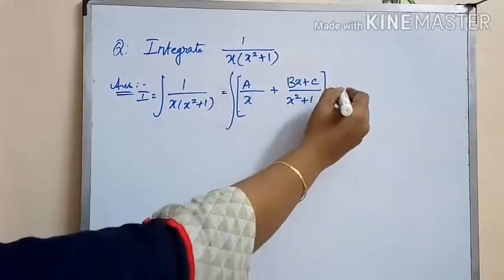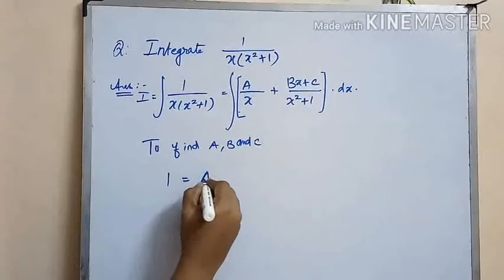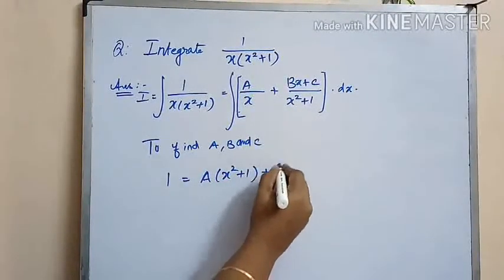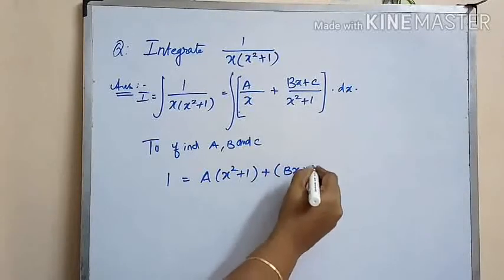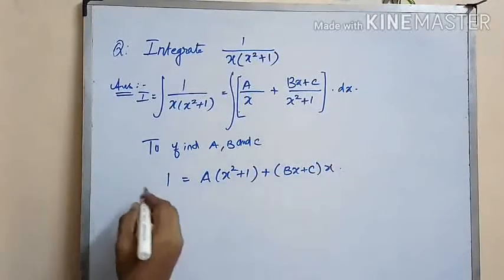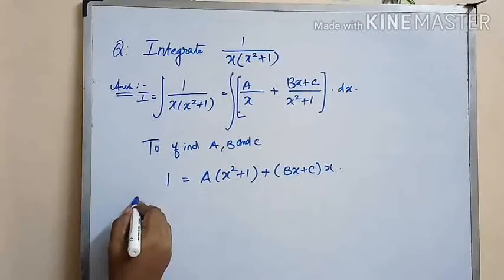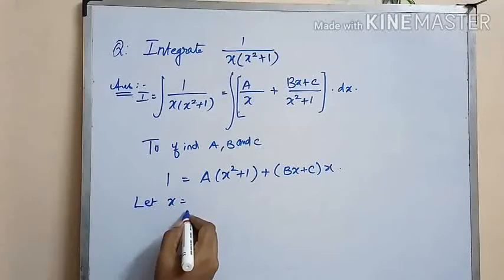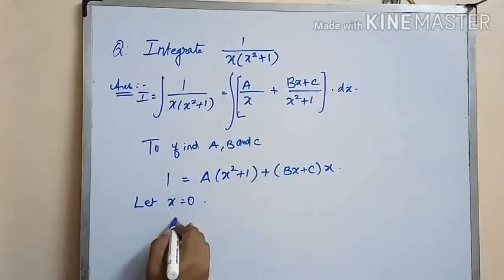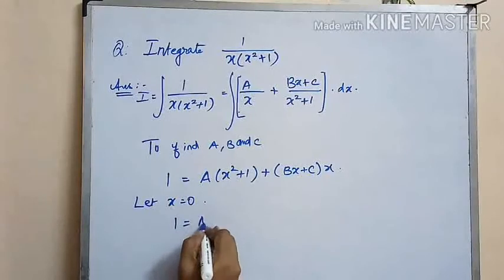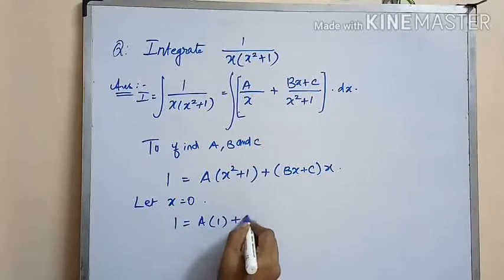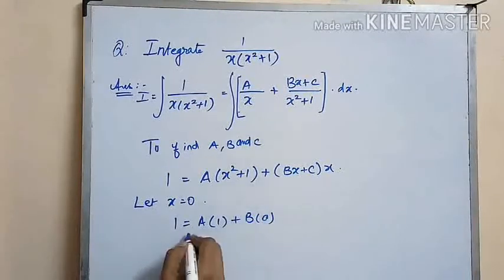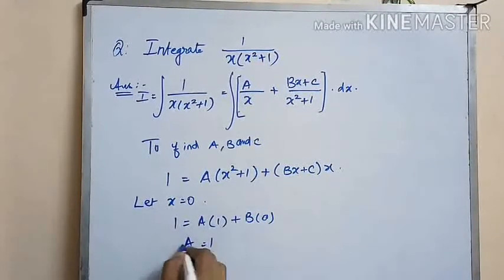In order to find a, b and c, we consider the LCM on the right hand side and equate it to the numerator. So we get a into x squared plus 1 plus bx plus c into x is equal to 1. Let us substitute x is equal to 0. So we get a into 1 plus b into 0 is equal to 1, which gives a is equal to 1.